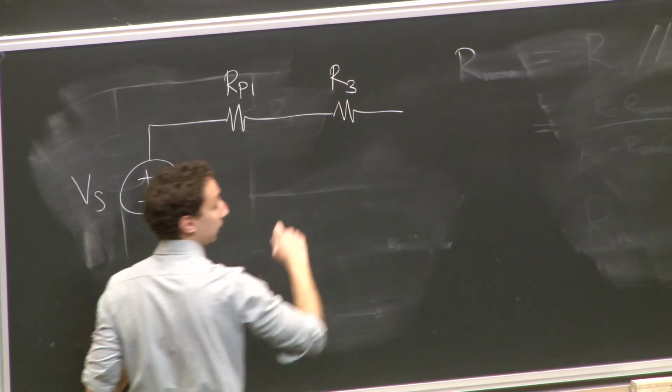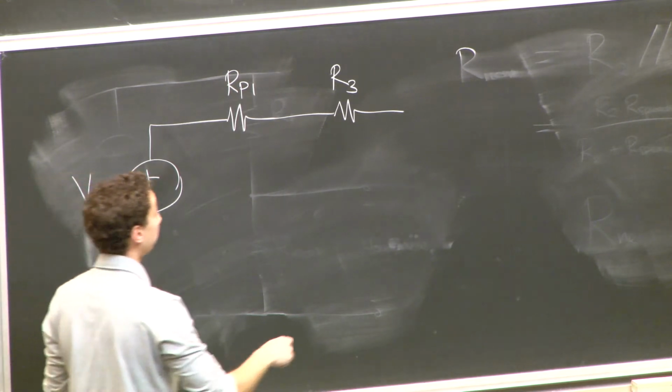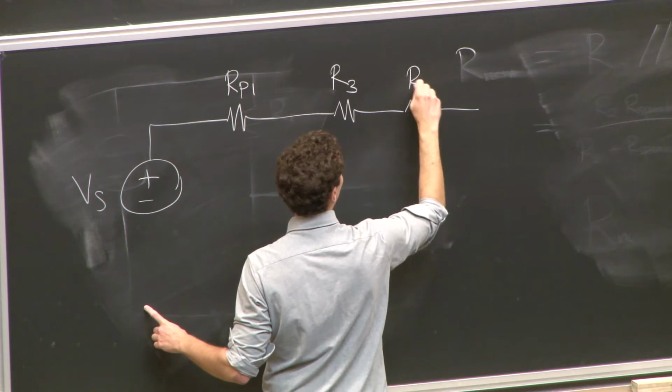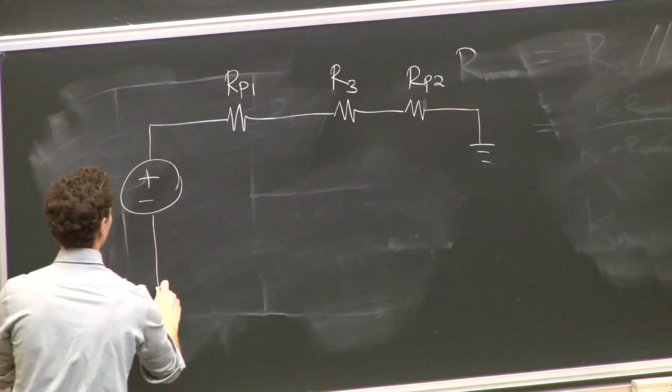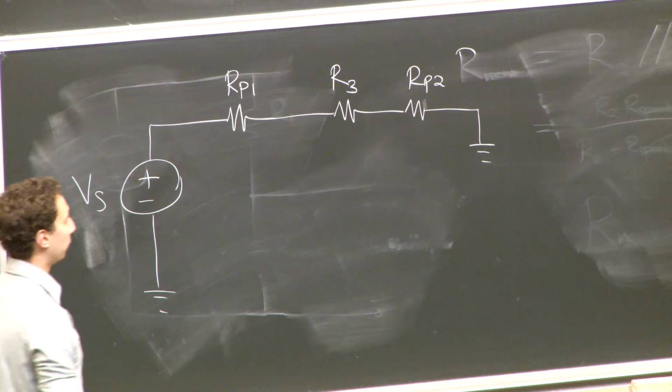I've still got R3 right here. That one's unchanged. There's nothing in parallel with RP1 or with R3. And then let's call this one RP2. And this is ground, right? Implied connection, still there. For this circuit, what are RP1 and RP2?